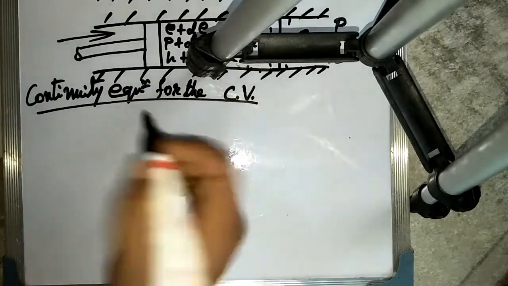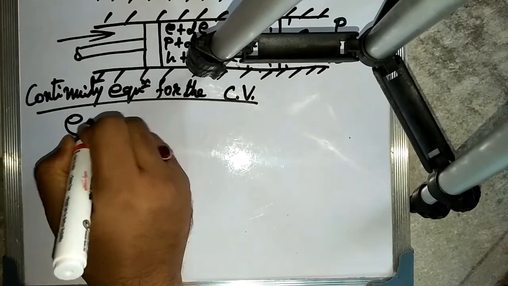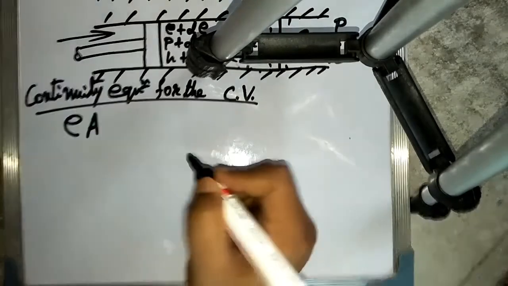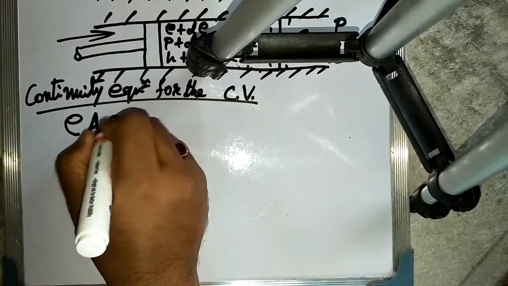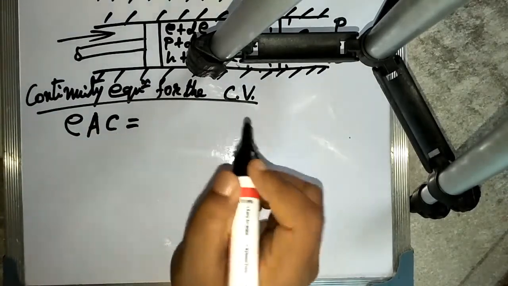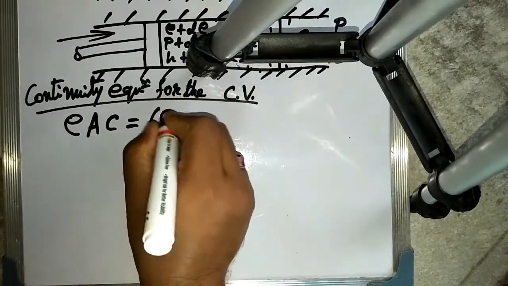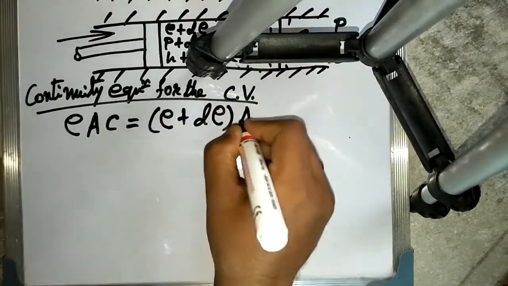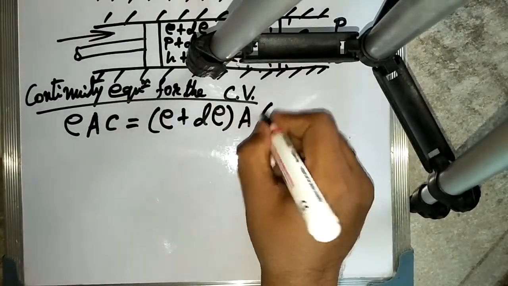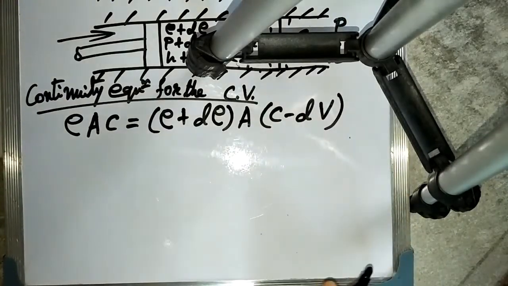Beyond the control volume the density is rho, the cross sectional area of the piston is obviously A, and the velocity of the wavefront is c. In between the piston and the control volume the density is rho plus d rho, the cross sectional area is unchanged, and the velocity is c minus dv.